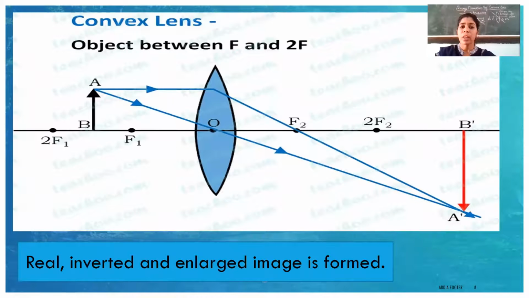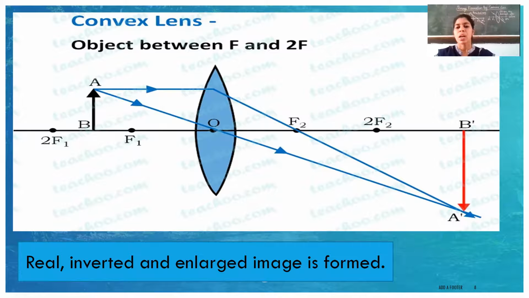And next one, when the object is placed between 2F1 and F1, we can see that after refraction, the image is formed beyond 2F2, and it is an enlarged image, but it is also a real, inverted image.